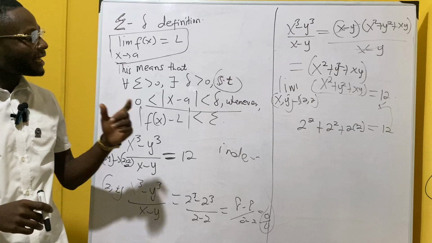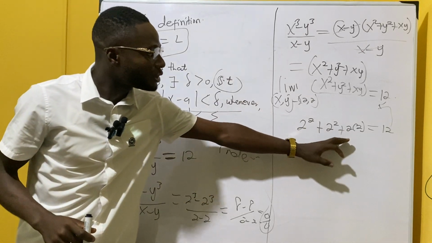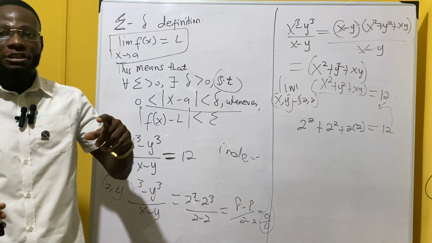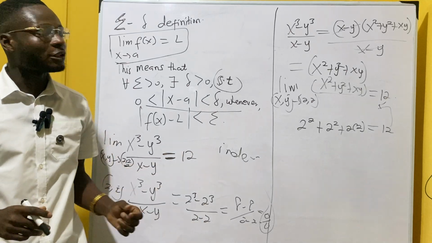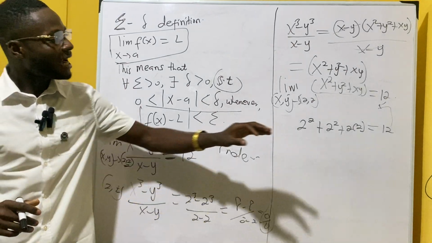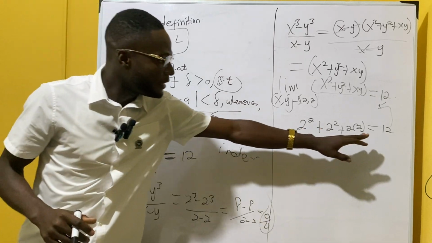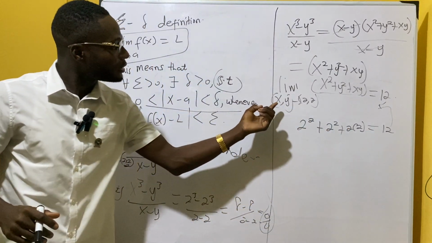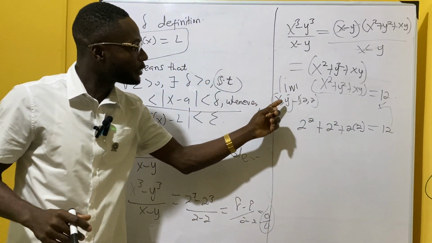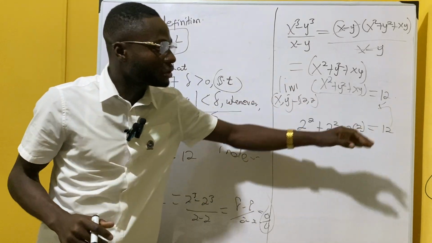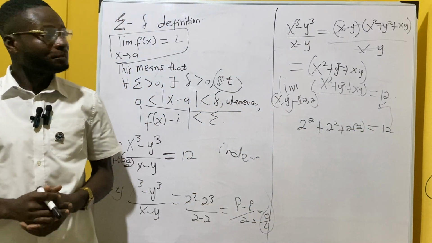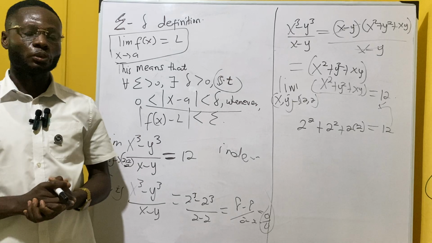But we can't rely on this, because a big mathematician will challenge you and ask how sure you are that if you substitute x equals 2, y equals 2 into this function, you will get 12 as x and y approach 2 and 2.